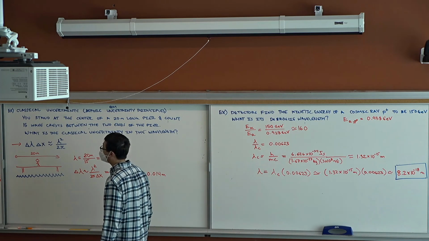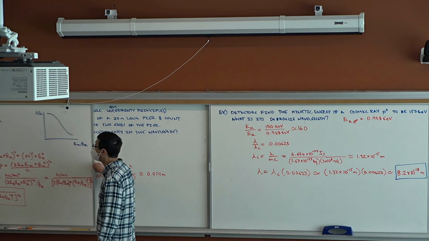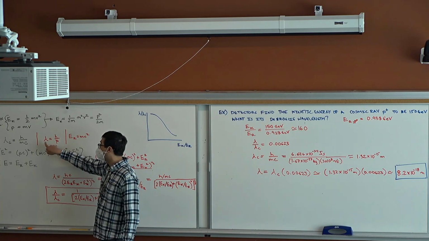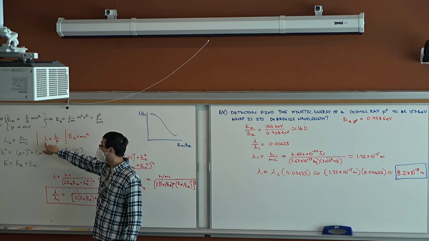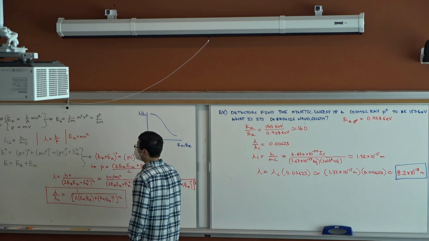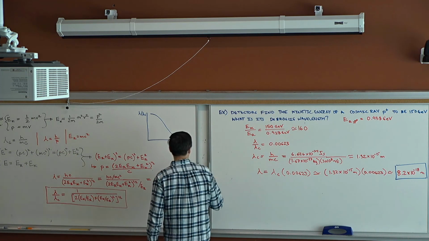In fact, you might be able to anticipate that since we have come to expect some relationship between p and lambda, an uncertainty in momentum is also an uncertainty in wavelength.